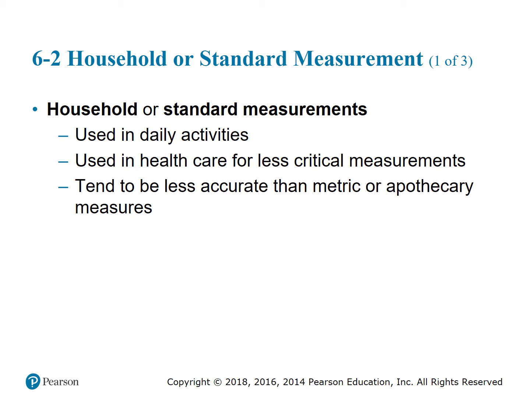But we usually report the mLs and not the ounces in the operating room. So again, in the healthcare setting, they might be used for less critical measurements, like maybe you're mixing some mop water and it's so much of your solution to water or something of that sort. They do tend to be less accurate than the metric or apothecary measures.